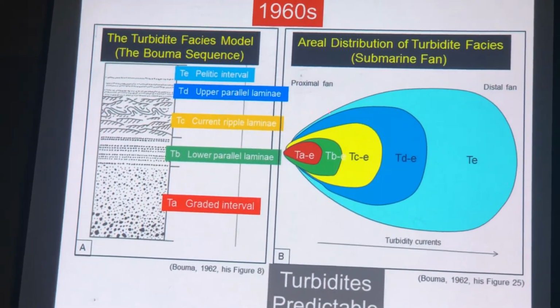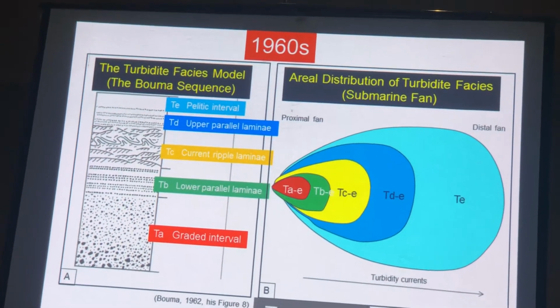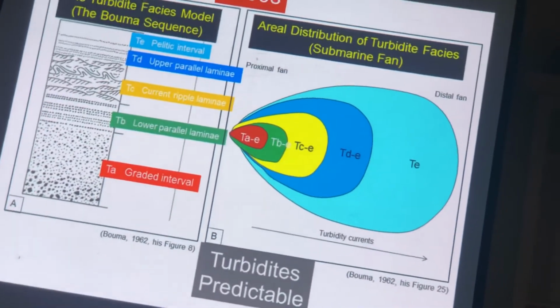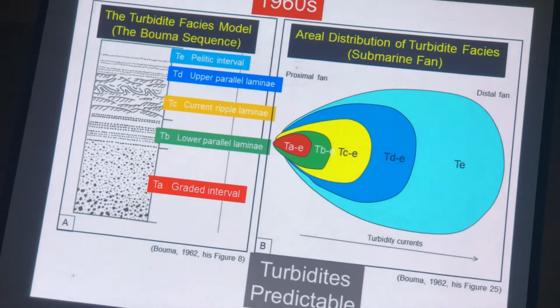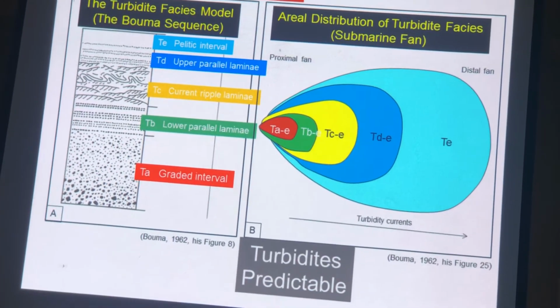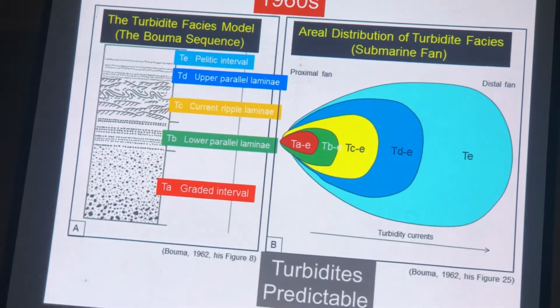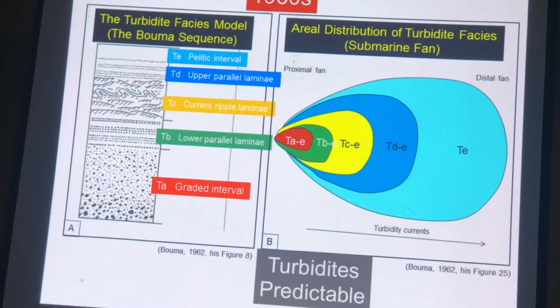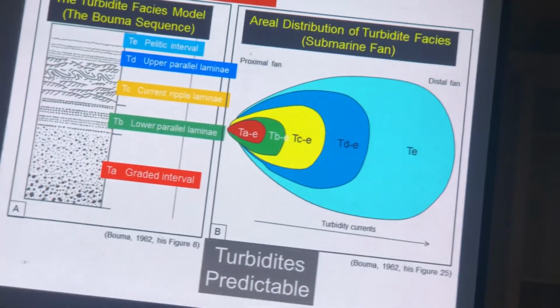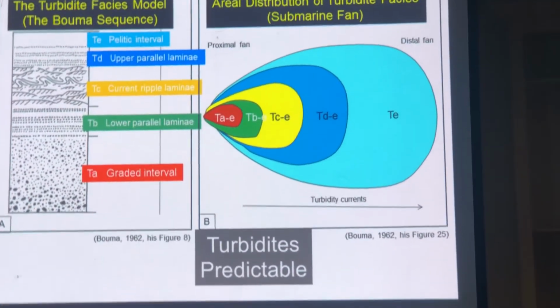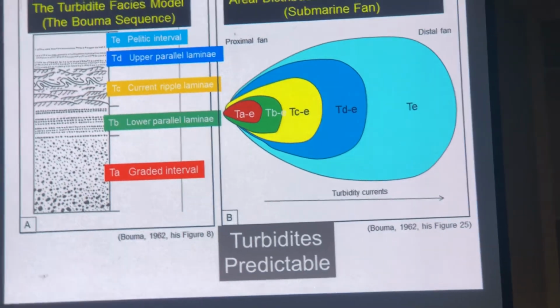If you see C division, you are in the middle. If you see the very fine grained E division, you are in the outer fan. So people like this because it's easy to remember. Students like it because if there is a question on the Bouma sequence, you put this, you get 10 points. And turbidites are predictable according to this diagram.